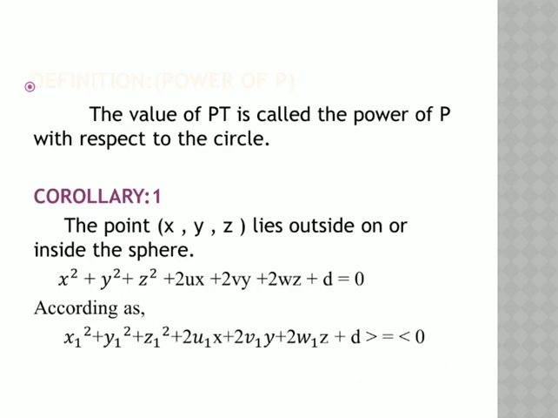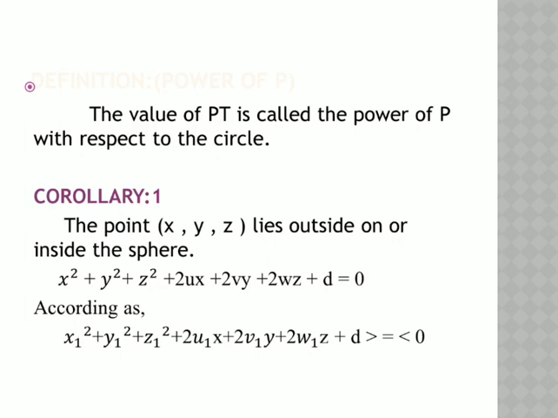Next one, corollary 1. The point (x, y, z) lies outside, on, or inside the sphere x square plus y square plus z square plus 2ux plus 2vy plus 2wz plus d is equal to 0, according as x1 square plus y1 square plus z1 square plus 2u x1 plus 2v y1 plus 2w z1 plus d is greater than, equal to, or less than 0.